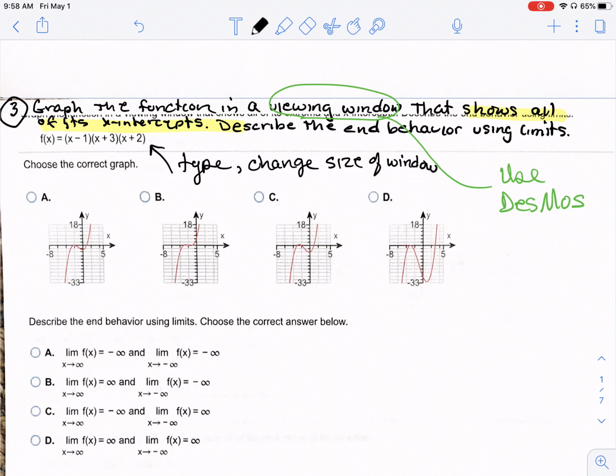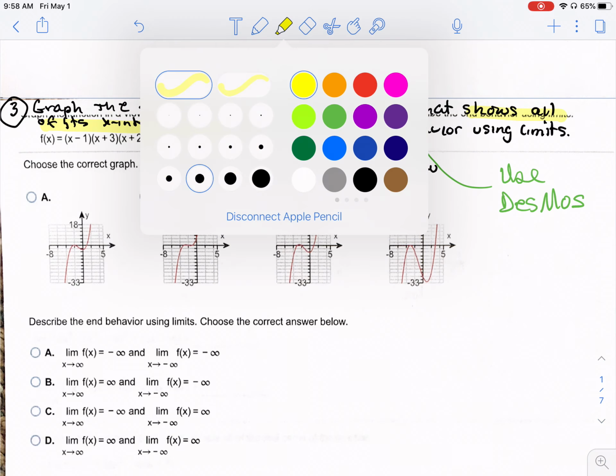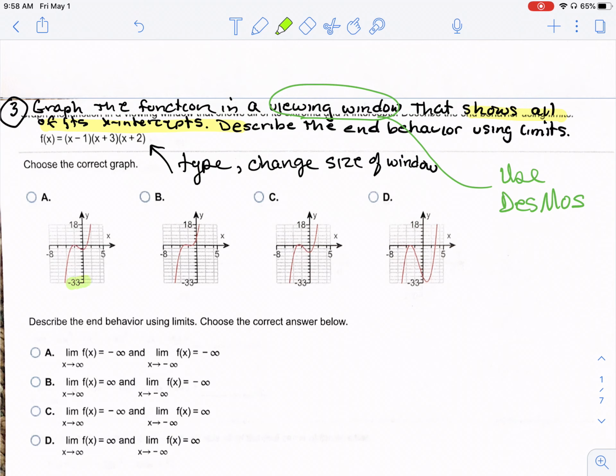You can check down here, see how all your choices, your y's go from negative 33 to 18, and your x's in all 4 of your choices are going from negative 8 to 5.